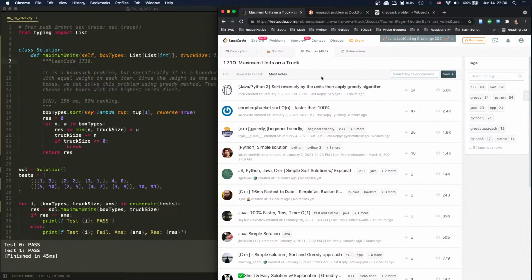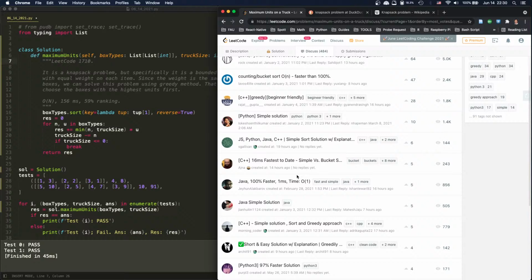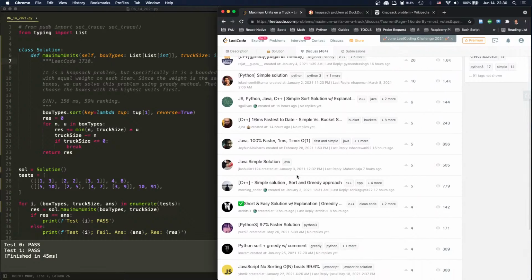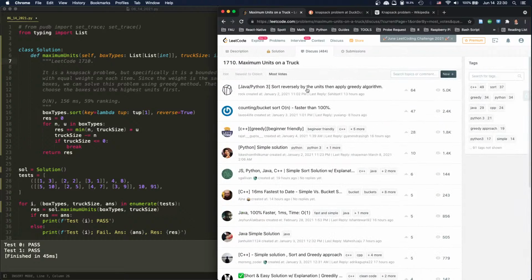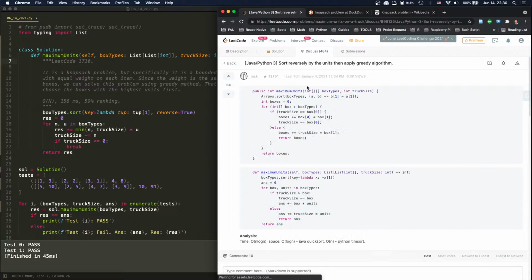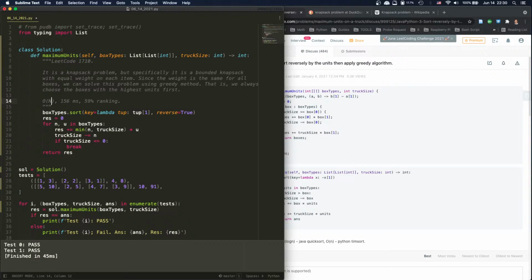Quite greedy. No sorting. Oh, it's O(n log n).